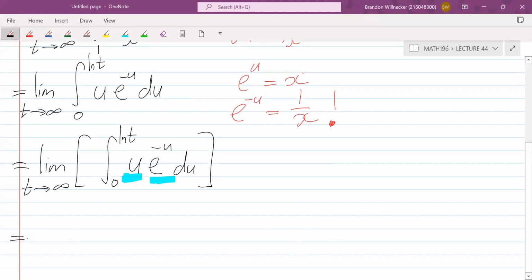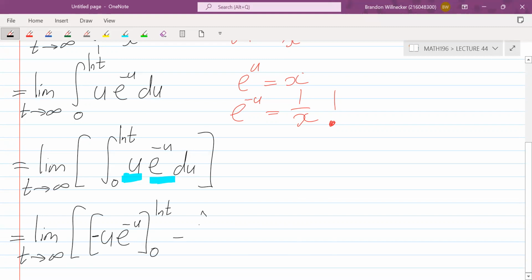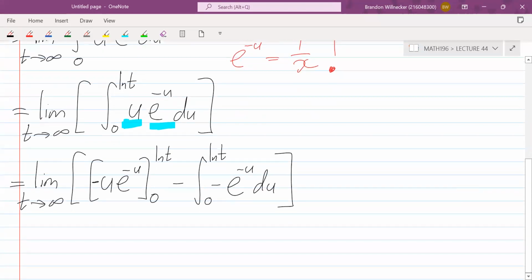So this is going to be equal to the limit as t goes to infinity of, so we need uv, so that's going to be minus u e to the minus u from 0 to the natural log of t, minus the integral from 0 to the natural log of t. And then remember, this was that v du part, so it's going to be minus e to the minus u du. So that's just using our integration by parts.